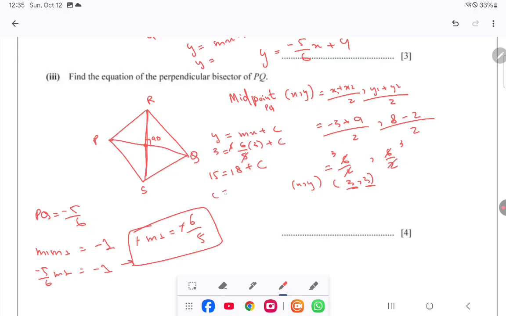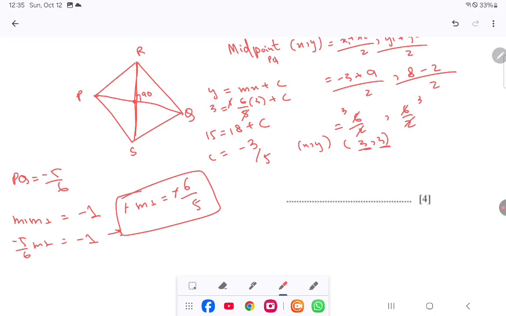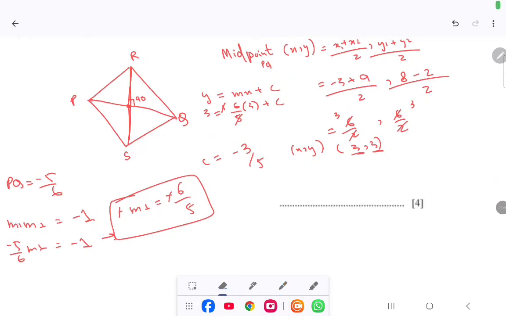Subtract 18 from both sides. 3 into 5 is 15.